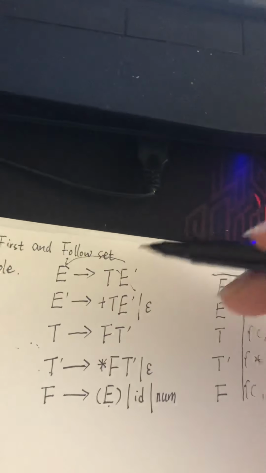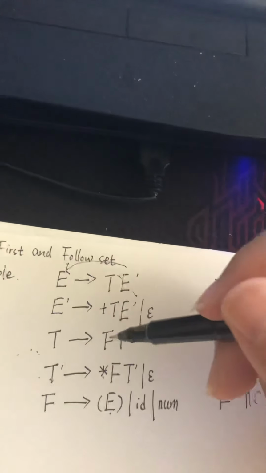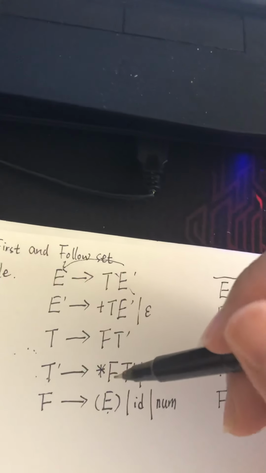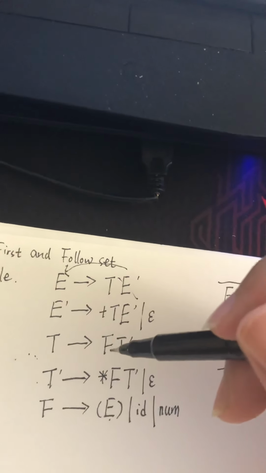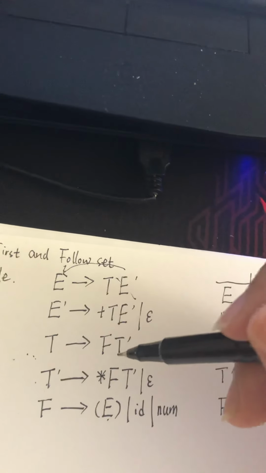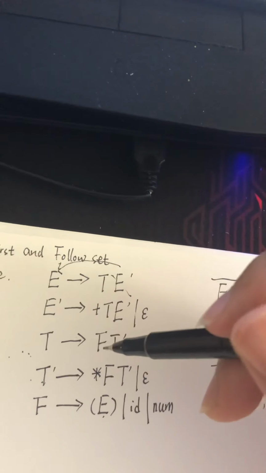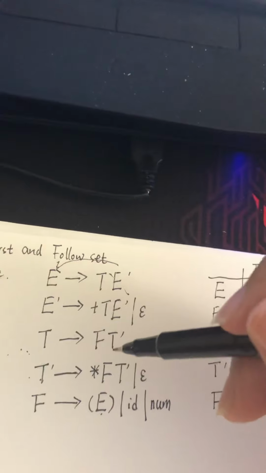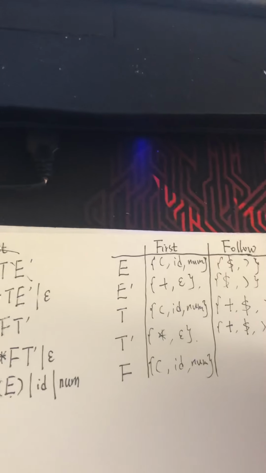Now lastly we check the F. It's similar. On the right side, there is a first F and a second F. Look at the first one. After the F is T prime. So follow of F equals first of T prime. What is first of T prime?